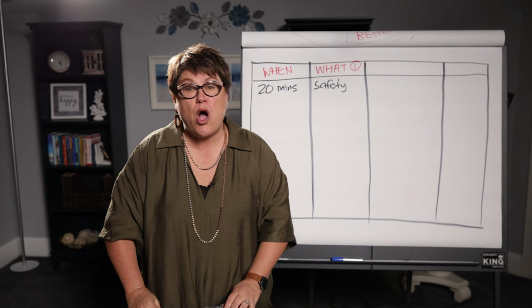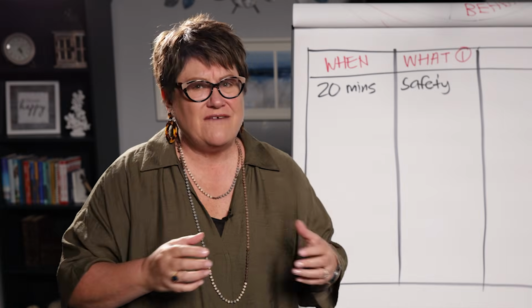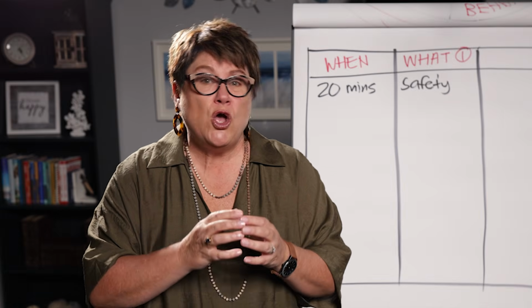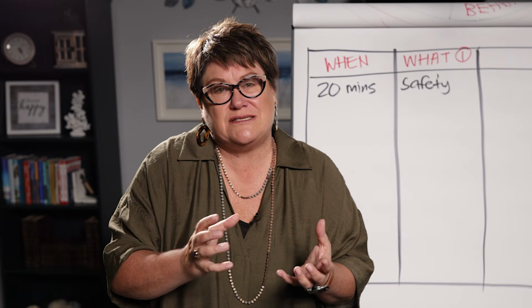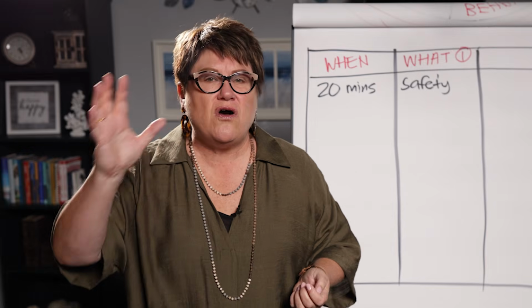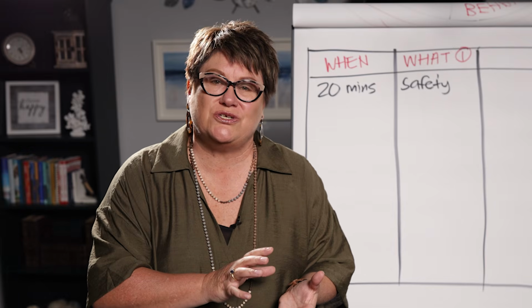I might allocate a whole 20 minutes for just a 3-hour workshop. If it's a simple meeting or workshop with people who know each other well, who are already well connected, I might only allocate 5 minutes to it. But you need to decide, how does this fit in the context of the whole session and how much time am I going to allocate to it?